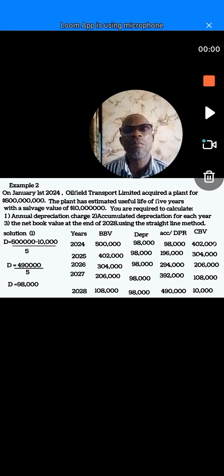In the same vein, the closing book value for 2026, which is 206, is the beginning book value for 2027.